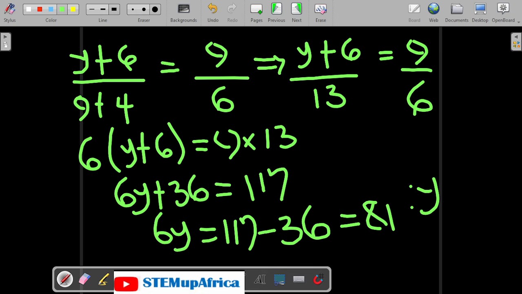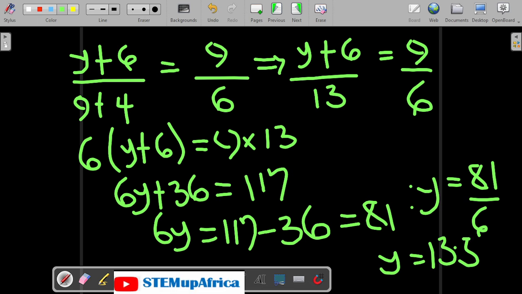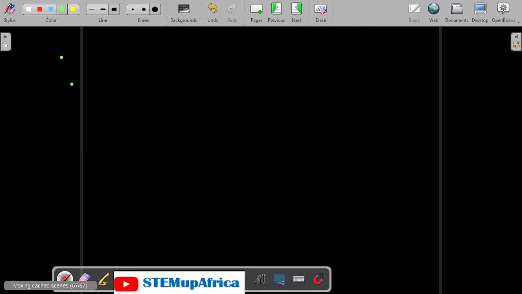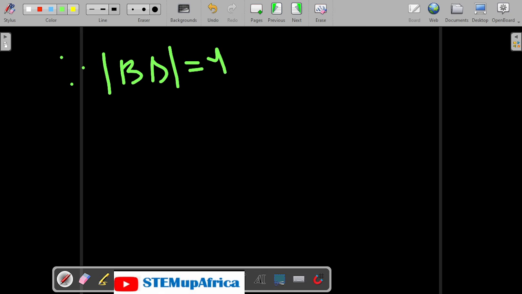Therefore, my y is simply 81 divided by 6. That will give us 13.5 centimeter. So the value of BD, therefore, my line BD, which we called y earlier, the value is 13.5 cm.